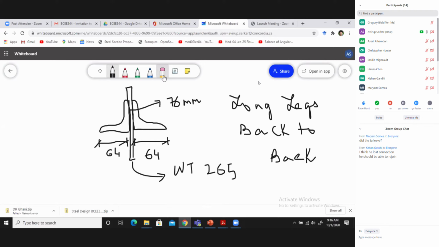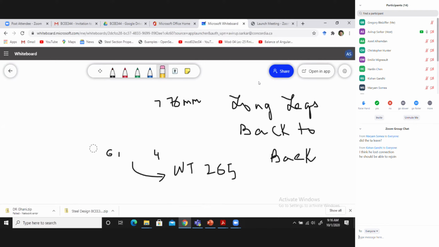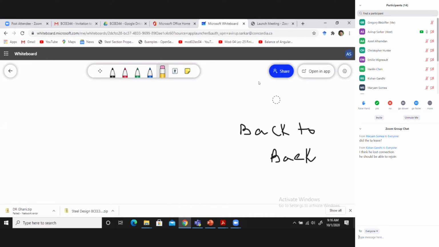So now, if it was the other way around, say for example, this is my 64 mm side and this is the 76 mm side.